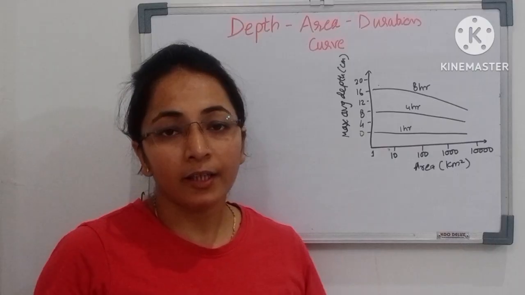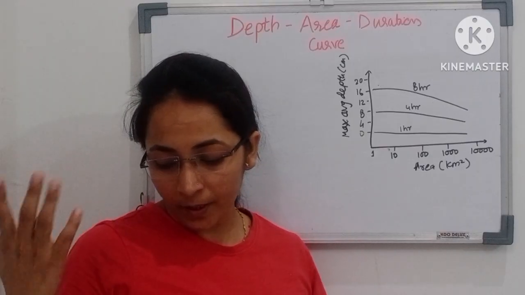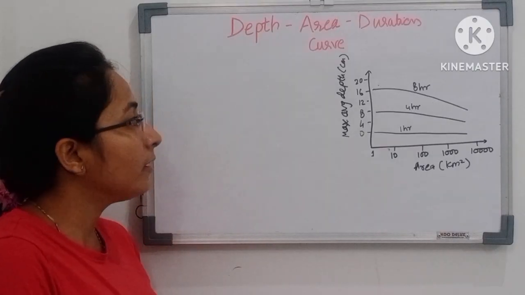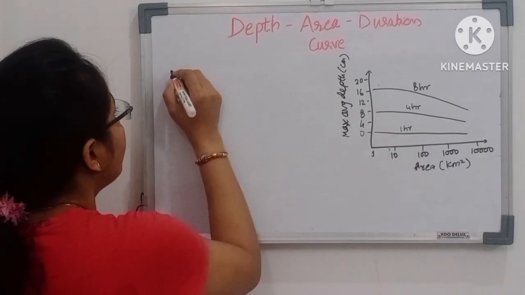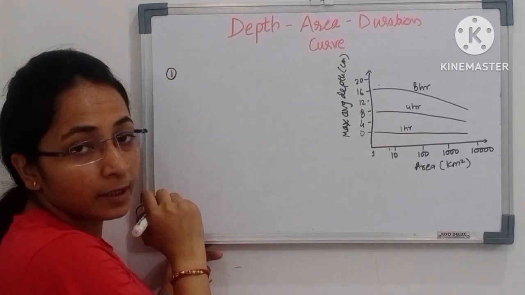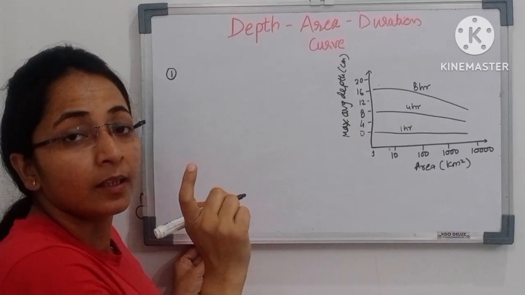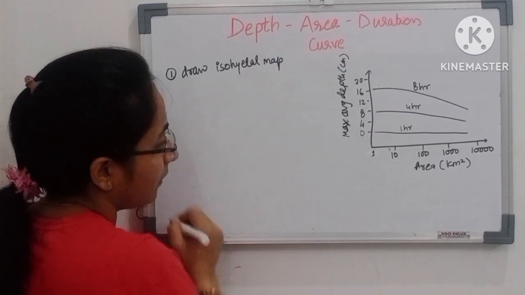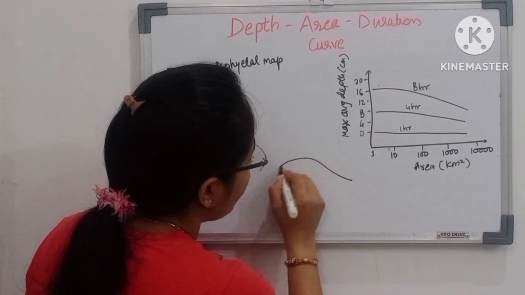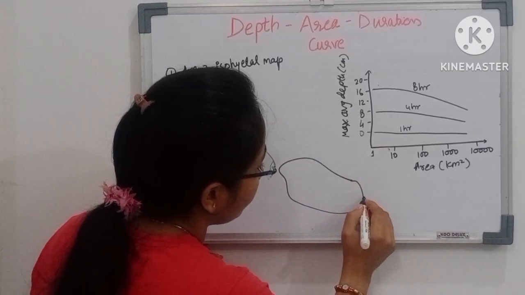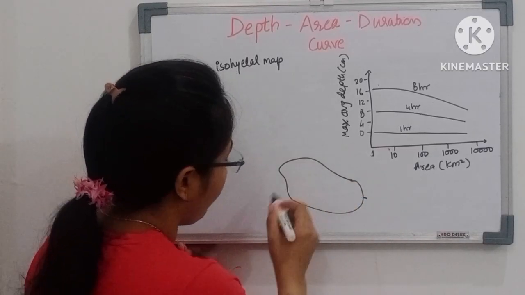So how do we draw and analyze this DAD curve? The first step is to draw the isohyetal map. For example, this is our catchment area, here is an outlet.